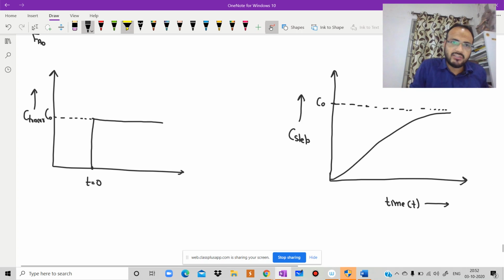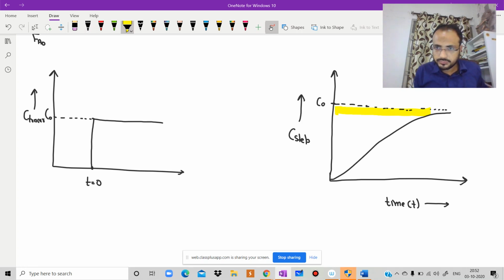Now, here we will get which area? This one. I hope up to this point there is no doubt.